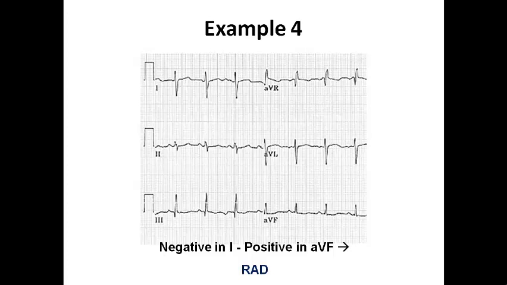And then I'm going to look for the positive complex. For example, I have the tallest R wave here in AVF and also in lead 3, so I could expect that it would be directed towards the right lower quadrant of the heart, so I could estimate a value of nearly plus 120 degrees.